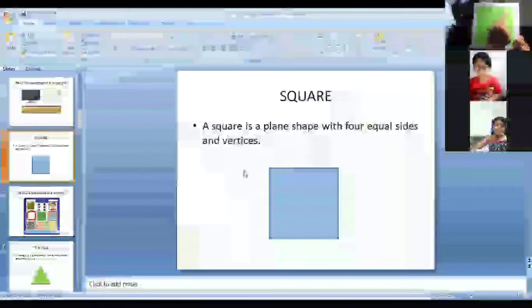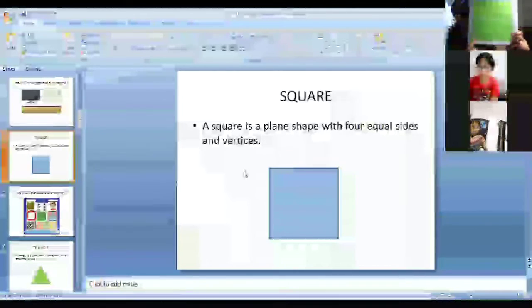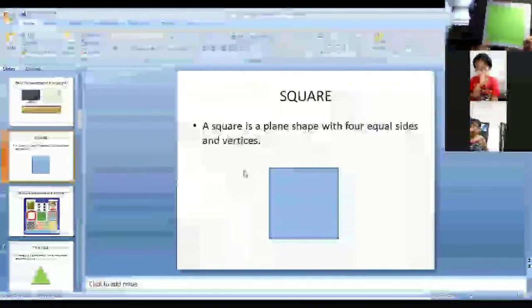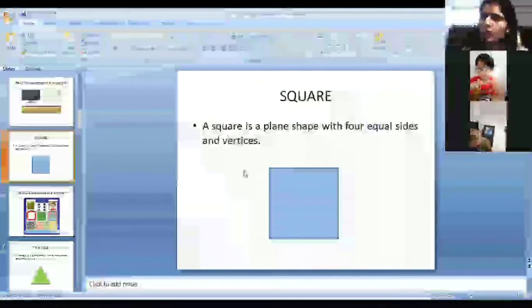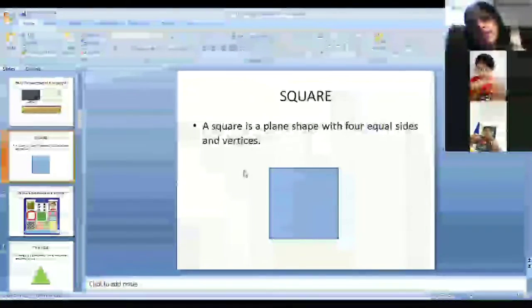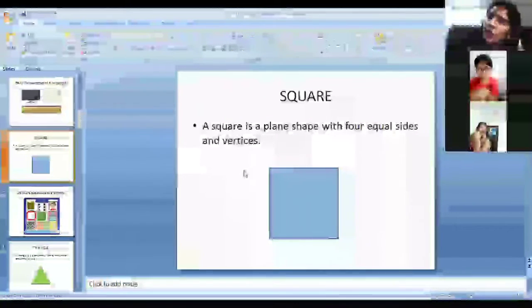And how many vertices does it have? 1, 2, 3, and 4. So a rectangle also has four sides. A square also has four sides. But in a square, all the sides are equal.